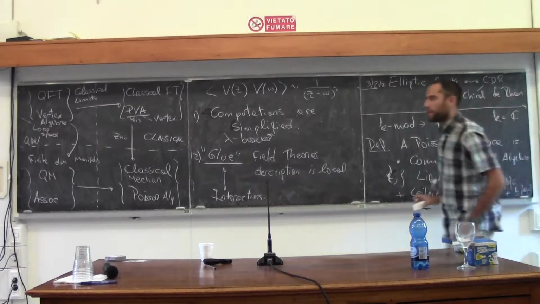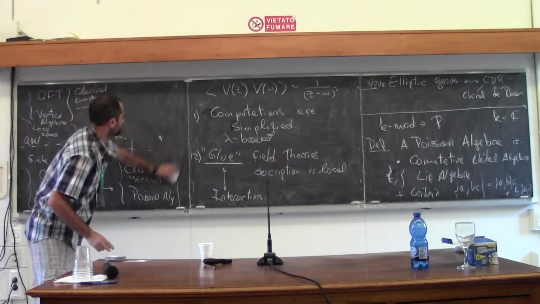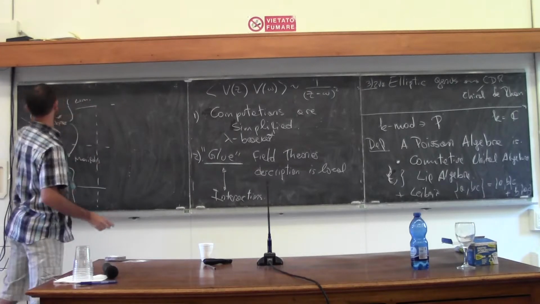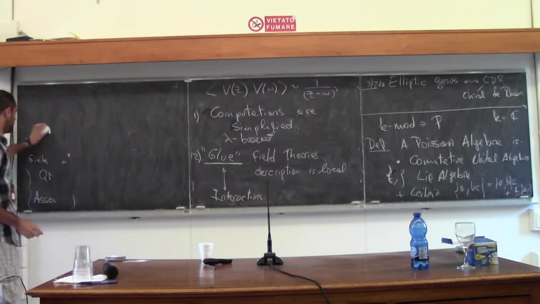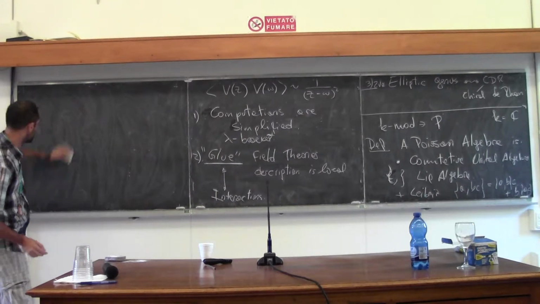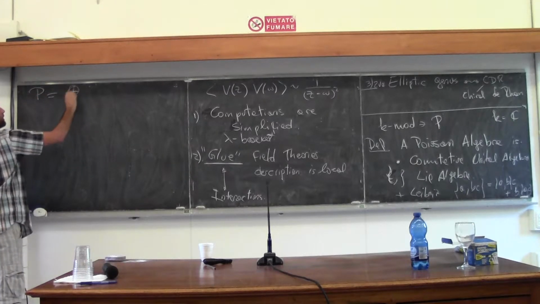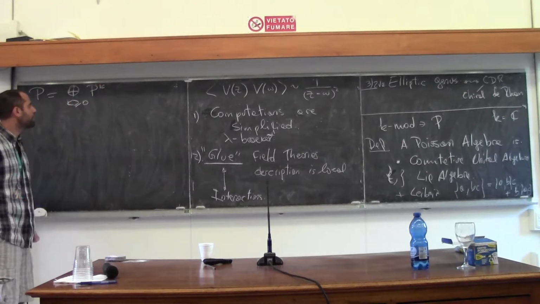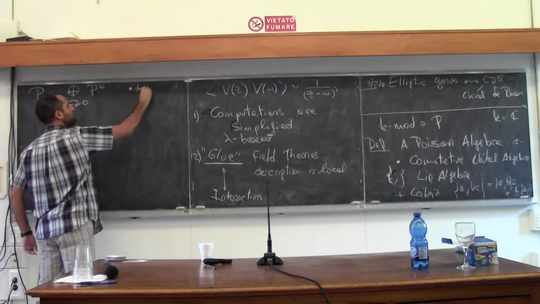So I'll work with graded things. That's a Poisson algebra, and you may ask yourself, suppose I give you a graded one. So let's fix the gradings. I'll assume that all my algebraic objects are going to be graded in the following way, and I'll pick the product to be of degree 0.